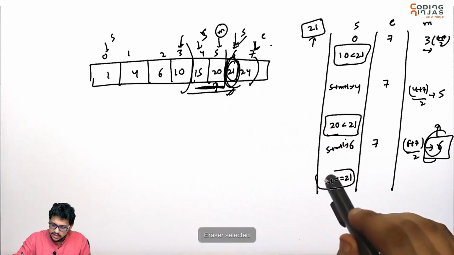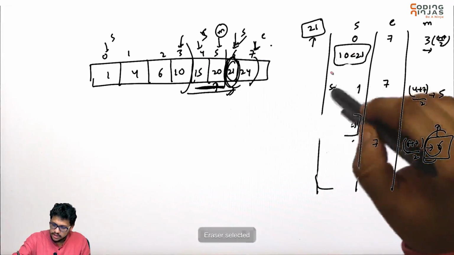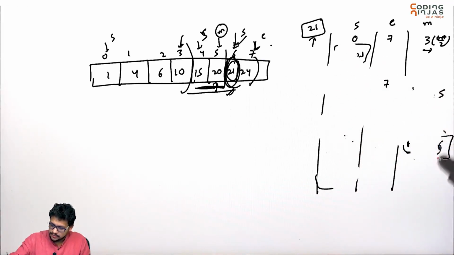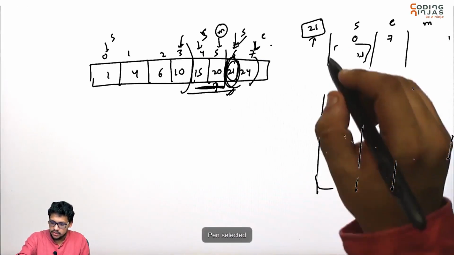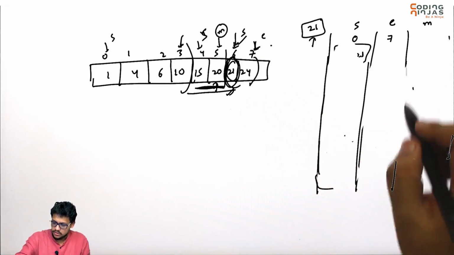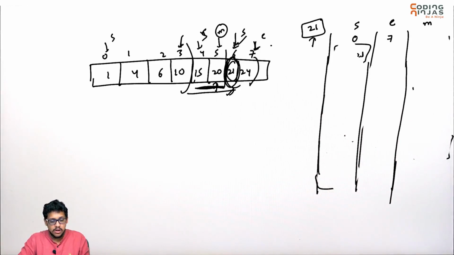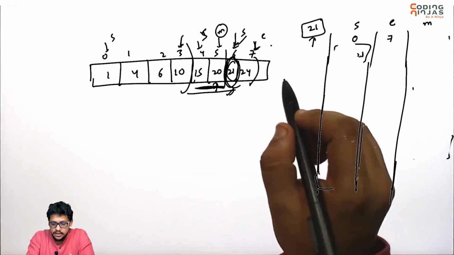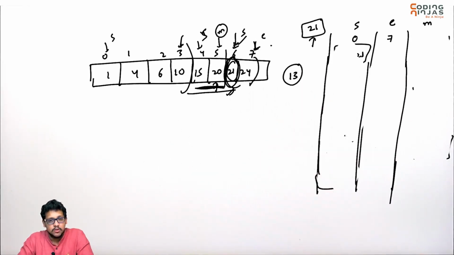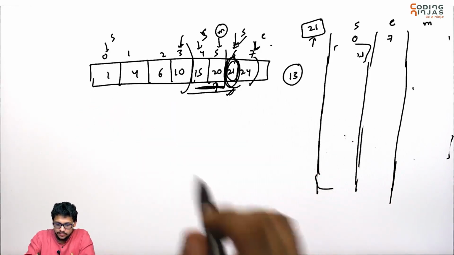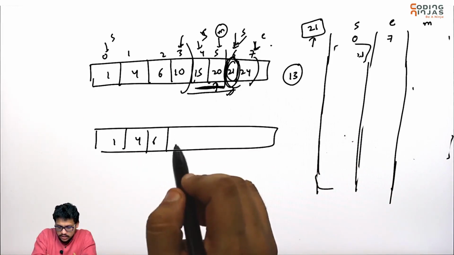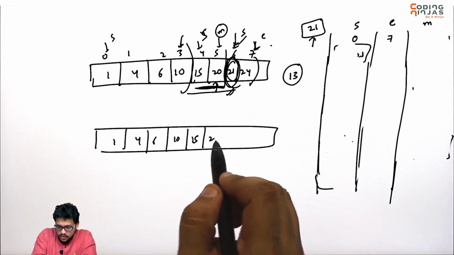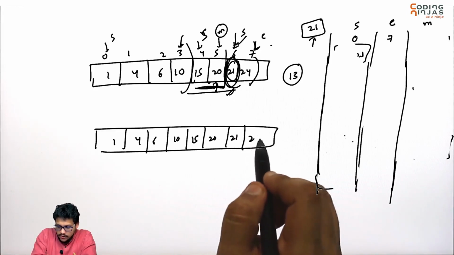Let us take another example in which we will try to search for, let's say, 13 here. If we want to search 13, this is our array: 1, 4, 6, 10, 15, 20, 21 and 24.